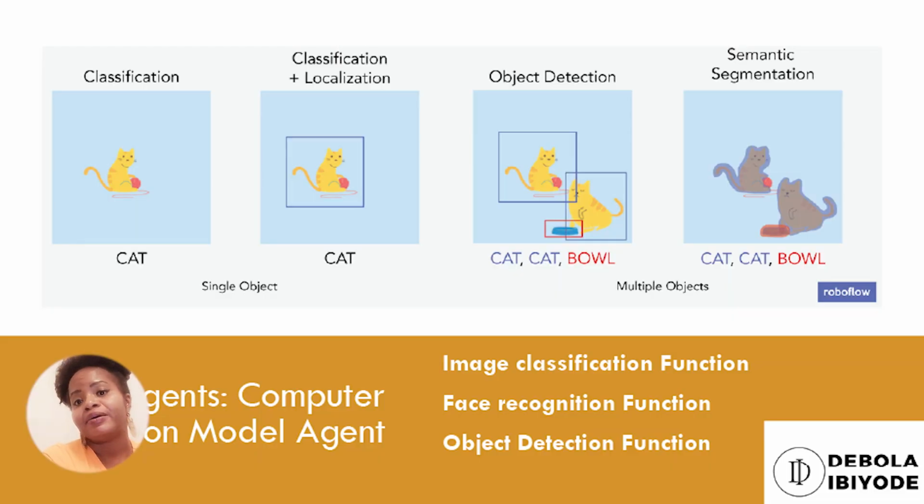So there is a computer vision model, which is an AI model separate to an LLM, a large language model. That model can be used to perform any image detection, object detection or image classification function within the AI agent. So as you can see, an AI agent is a broader framework that uses all types of agents, not restricted to LLM agents.